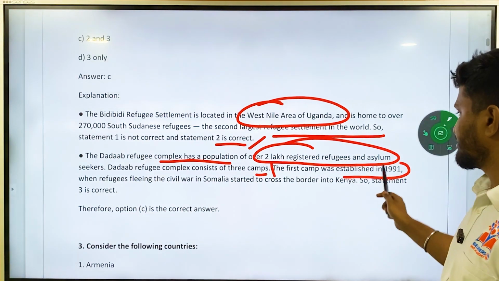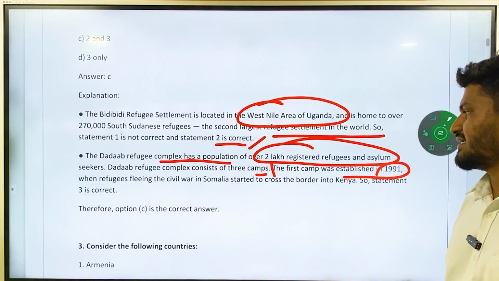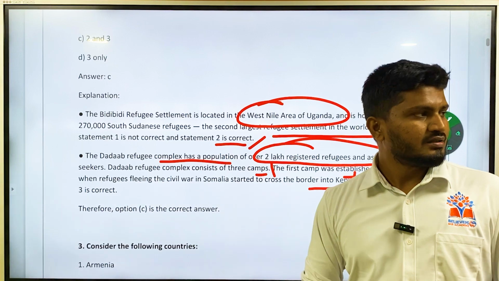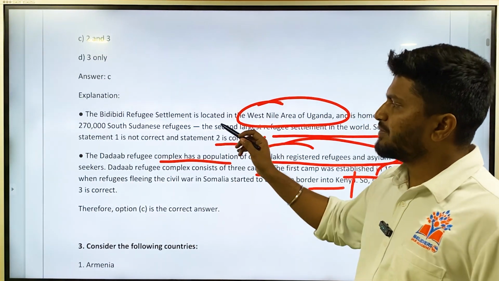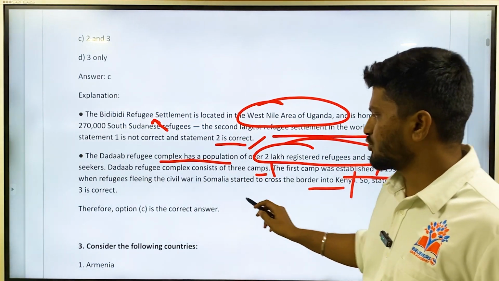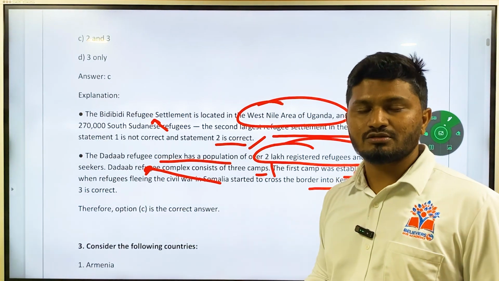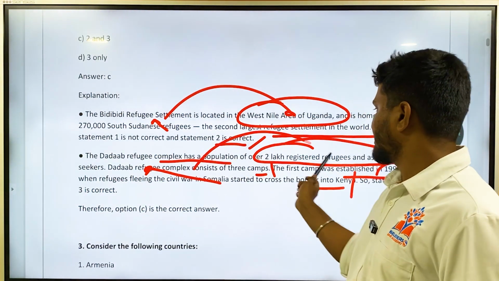The first camp was established in 1991 when refugees fleeing the civil war in Somalia started to cross the border into Kenya. So statement 3 is correct. Both are refugee camps. Bidi Bidi houses Sudanese refugees, so statement 2 is correct, whereas Dadaab houses Somali refugees, but the location in statement 1 is wrong. Bidi Bidi is in Uganda, Dadaab is in Kenya.